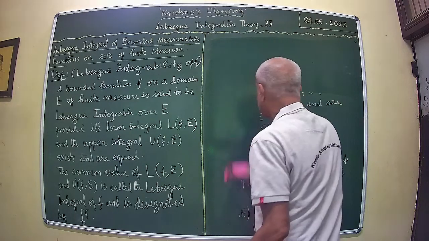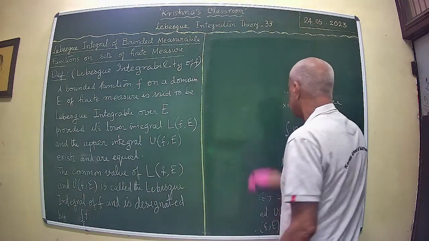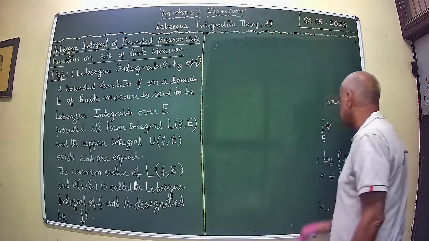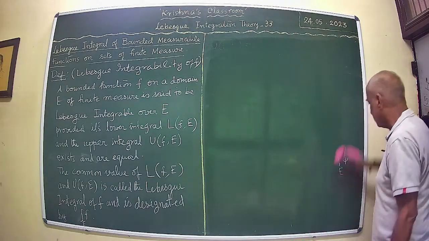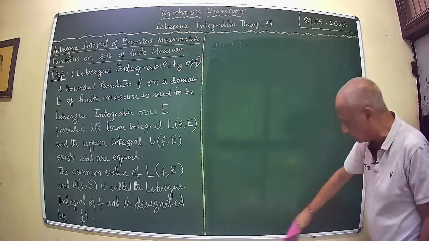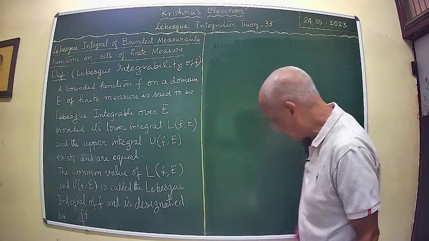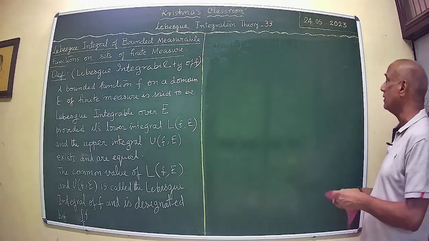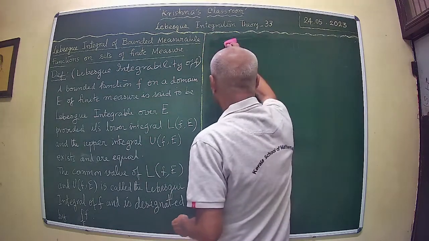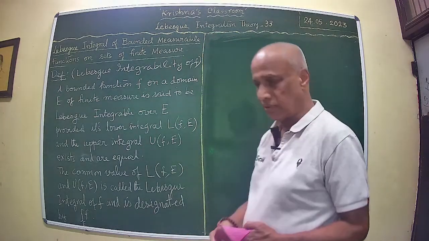So we have defined what the Lebesgue integral is, and you can see that it exactly runs along the scheme that we used in the case of Riemann integration. There is a lot of similarity. Now, where does it differ? We will see this.